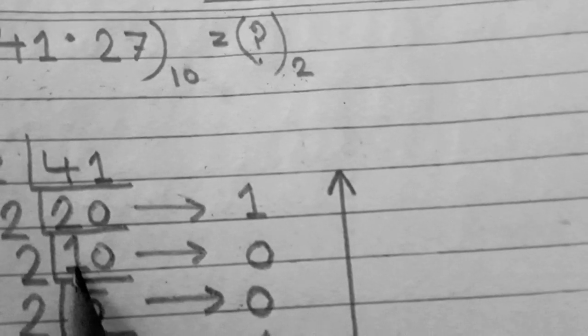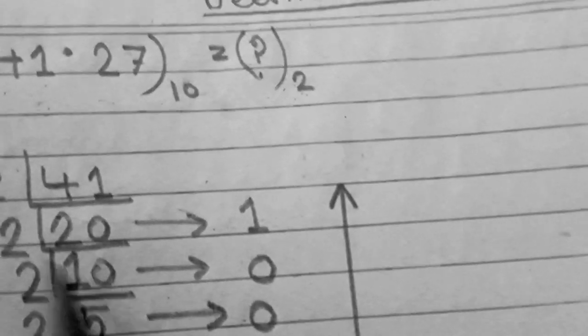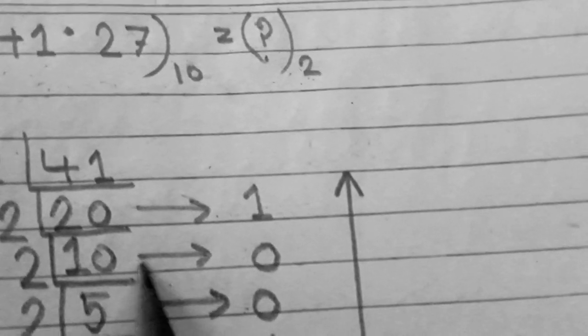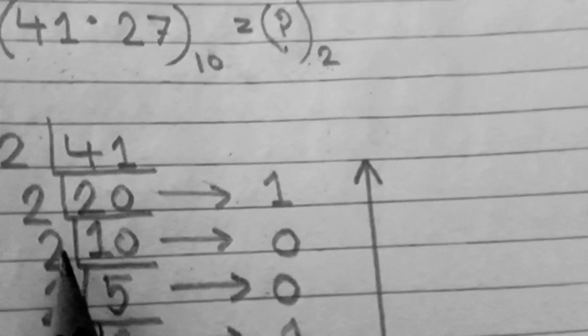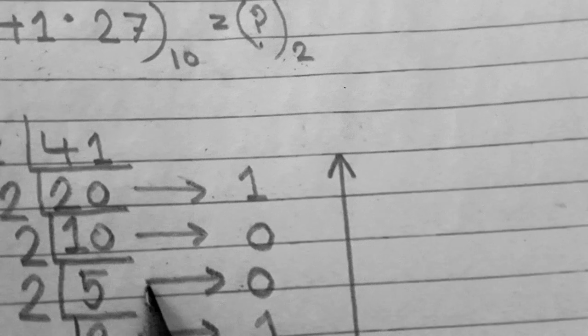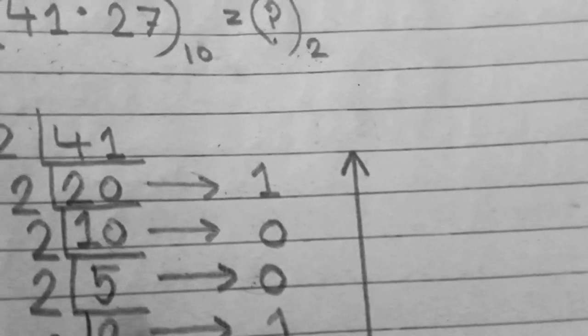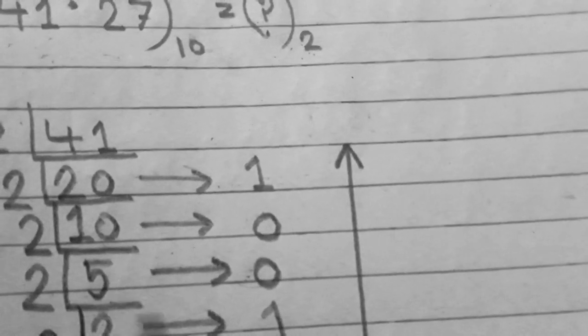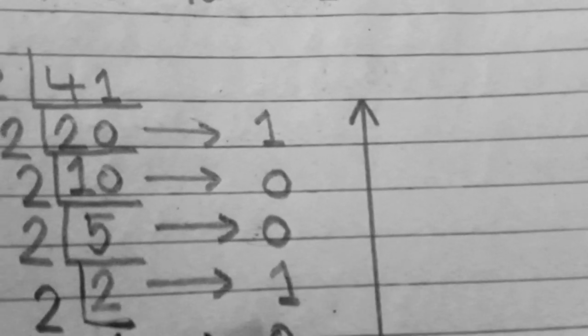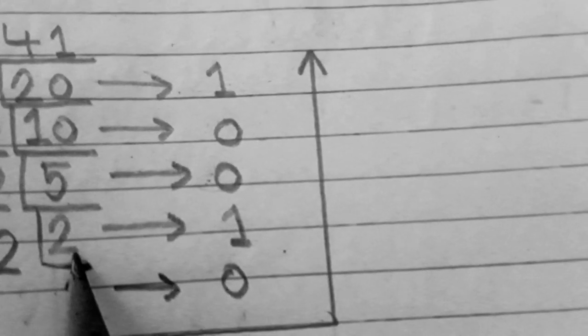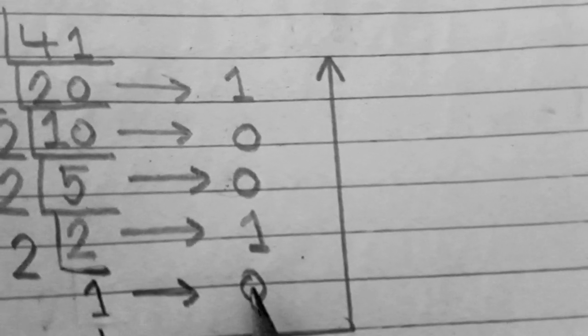You continue dividing: 10 2s are 20, there is no remainder, so 0. 5 2s are 10, there is no remainder, so 0. 2 2s are 4, then 1 remainder, then 2 1s are 2, so no remainder, 0.